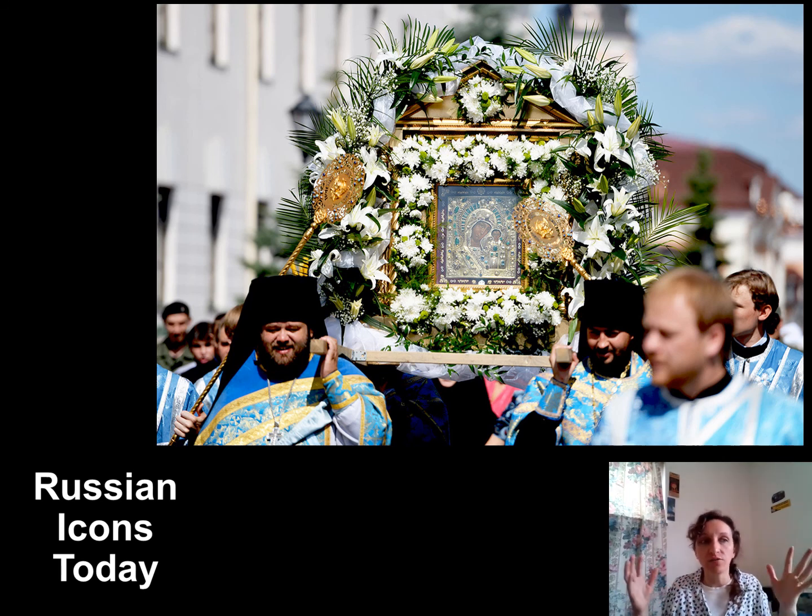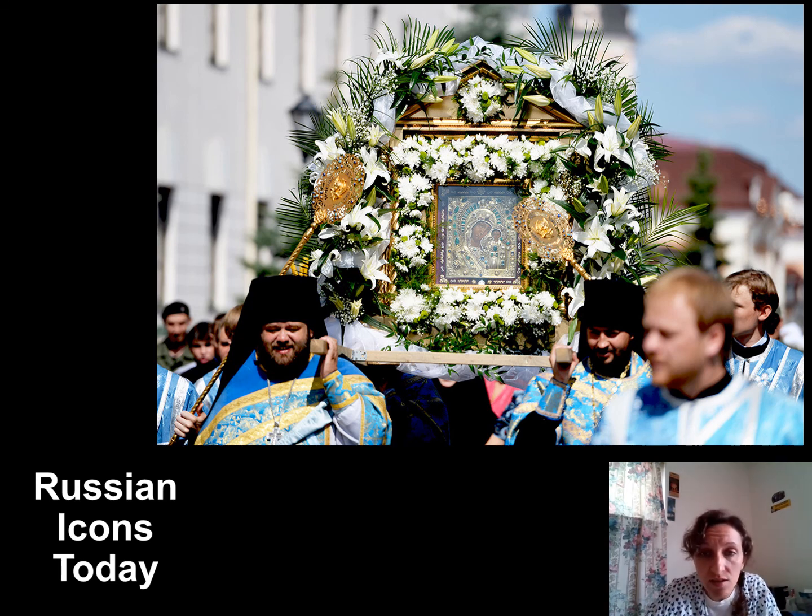And that is part of their absorption and then release of this religious power. As they're taken out and paraded around in the community, they can do their sponge religious thing, coming in and going out. So these are used today. Easter is one of the biggest times that they're taken out and paraded around.